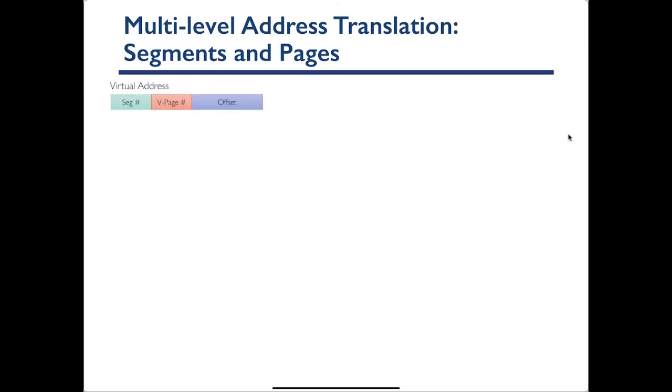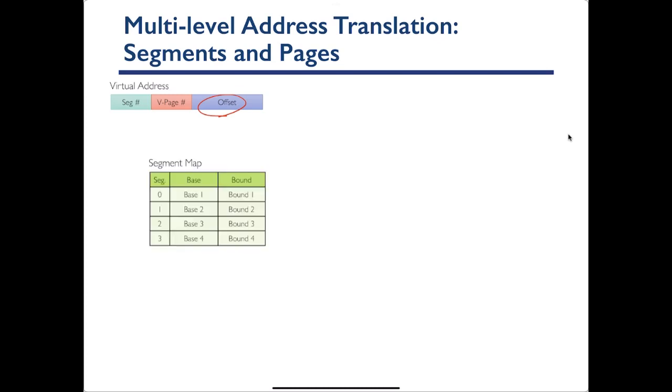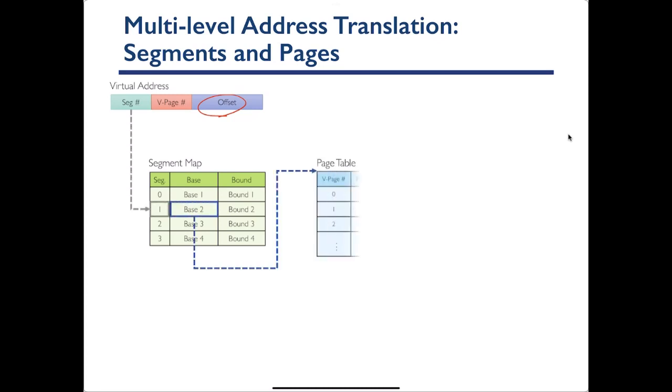So it's very similar to 2-level paging. Now I use some of the bits as my segment number, the rest of them as the virtual page number, and the size of the offset depends on how big my pages are, as before. Then I will have a segment map as before, which I use to translate the segment number to a page table.